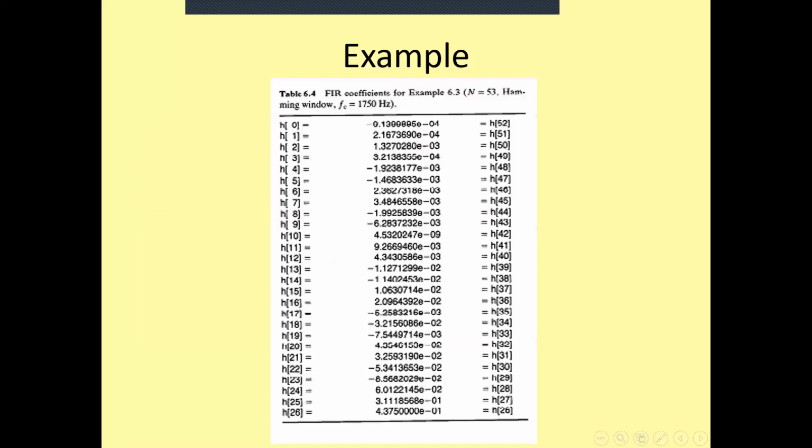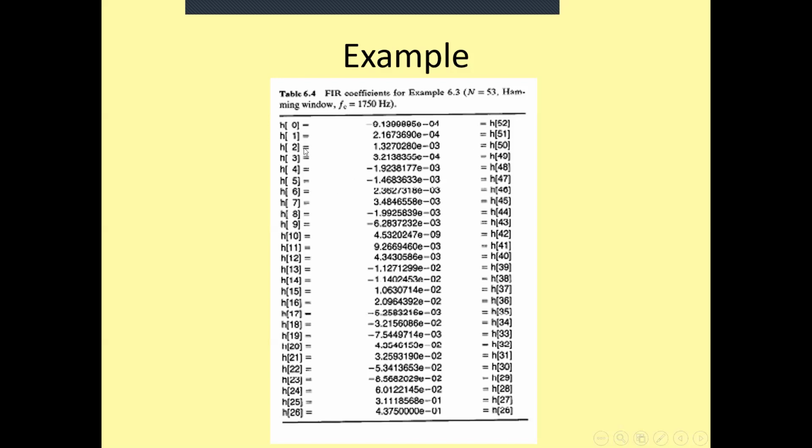So what we are going to do at the end of the day is just substitute hd of n, taking n from 0 up to, say, for example, 26, and the same thing for the window. Find the values of the window function from 0 up to 26, and we have symmetry between the values. Look, please, h of 0 up to h of 26, and h of 26 up to h of 52, they are similar.